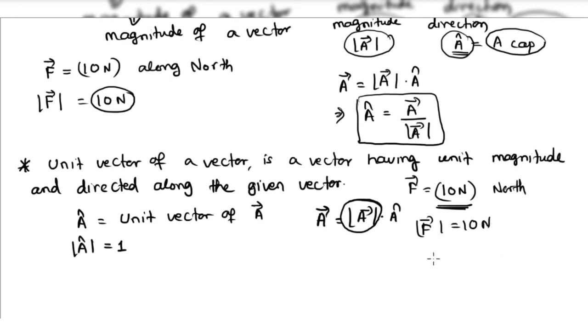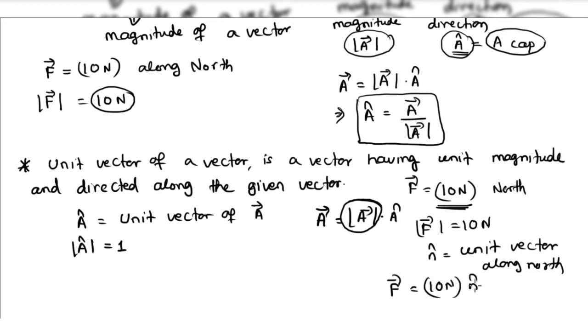And suppose I write that N cap means the unit vector along north. So I can write F vector like this: 10 Newton into N cap. So this N cap must have a magnitude 1, so that 10 into 1 will be 10.